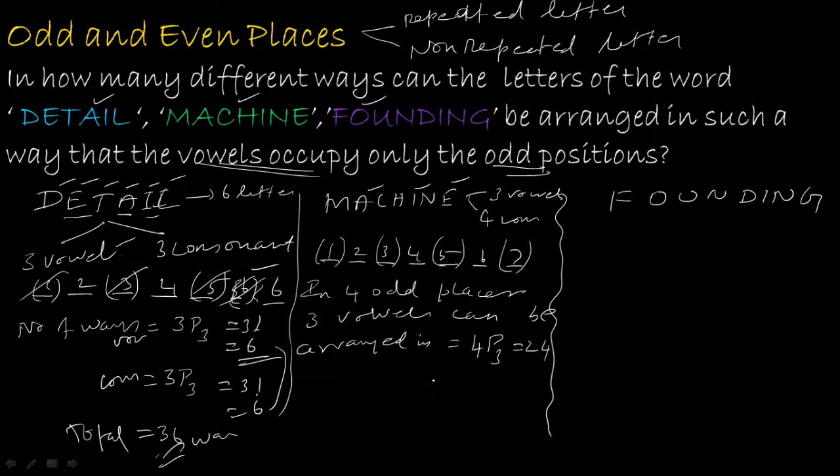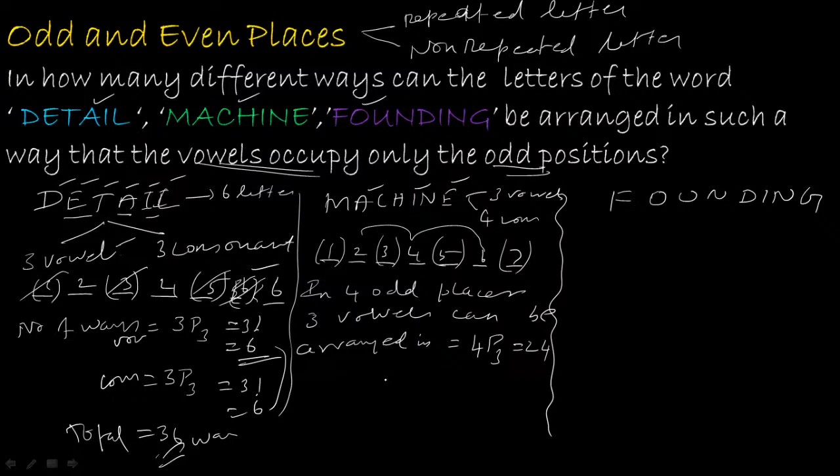Am I right? Next, in case of consonants, we have 4 consonants. For 4 consonants we have 3 even positions and 1 odd position, because we have only 3 vowels. So one of the odd positions is left, so we make use of that odd place.